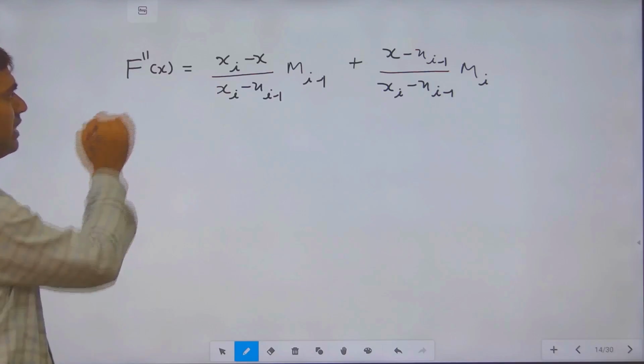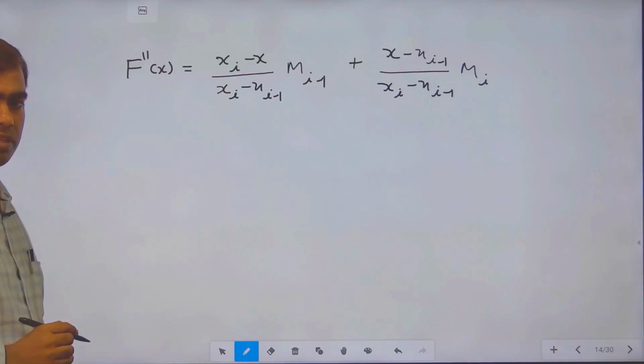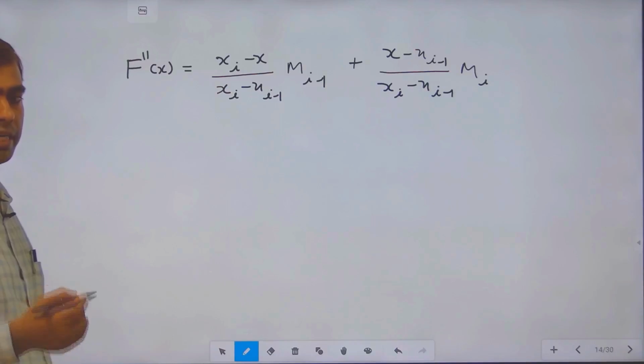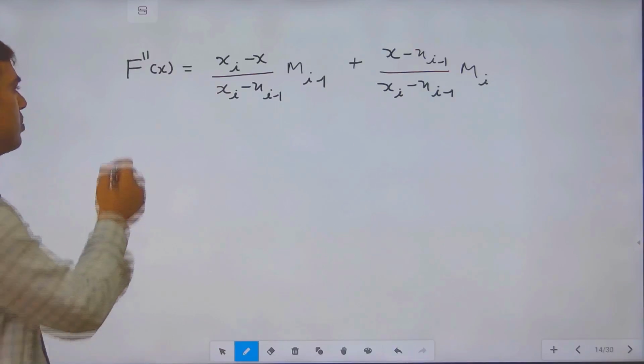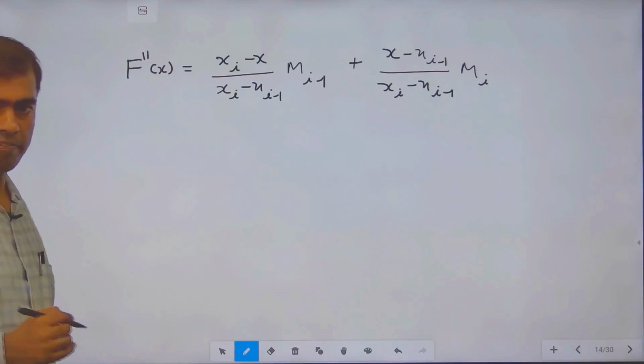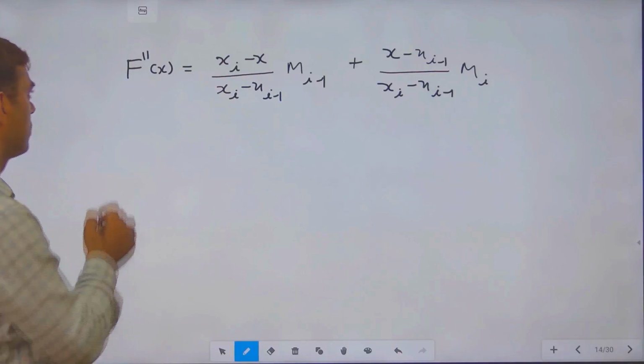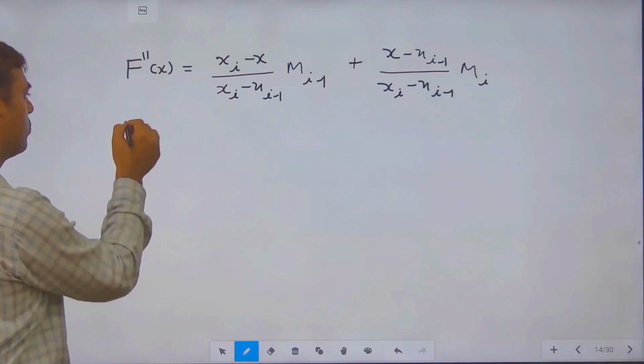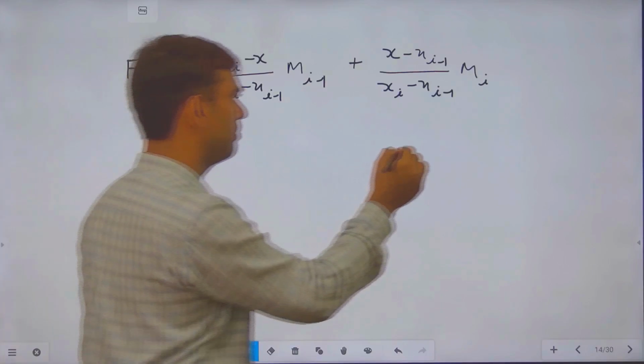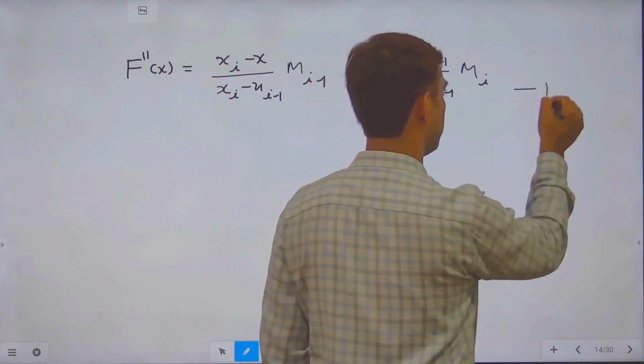Since this is a linear function, in order to find a cubic polynomial, that is f(x), of which this is the second derivative, we integrate this function two times. Let this be equation number 1.